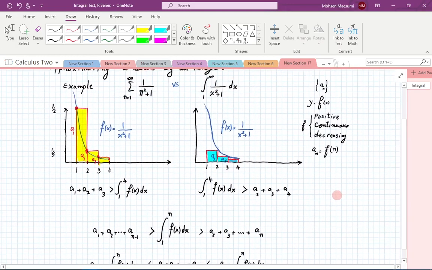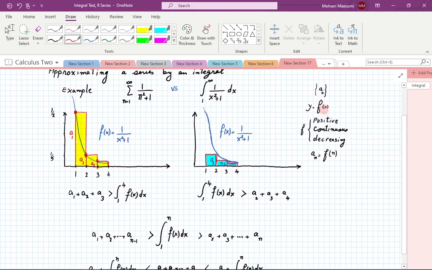The only thing that we need to be careful about is to make sure that the function we have chosen shows these three properties: that it is positive, continuous, and decreasing. Typically, you don't have much of a challenge to show that it is positive and continuous. That typically comes from the problem immediately.